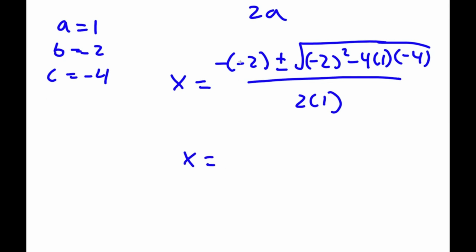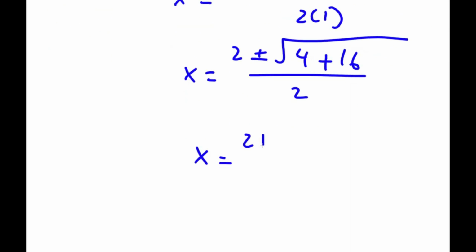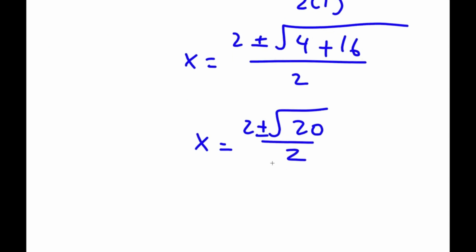So now I have x is equal to negative, and negative is positive, so positive 2 plus or minus the square root of negative 2 squared is 4, minus 4 times 1 is 4, 4 times negative 4 is negative 16, so I have positive 16, over 2 times 1, which is 2. Now I have x is equal to 2 plus or minus the square root of 4 plus 16 is 20 over 2.